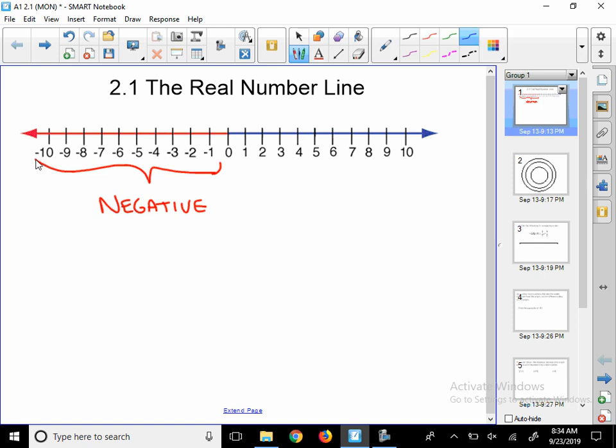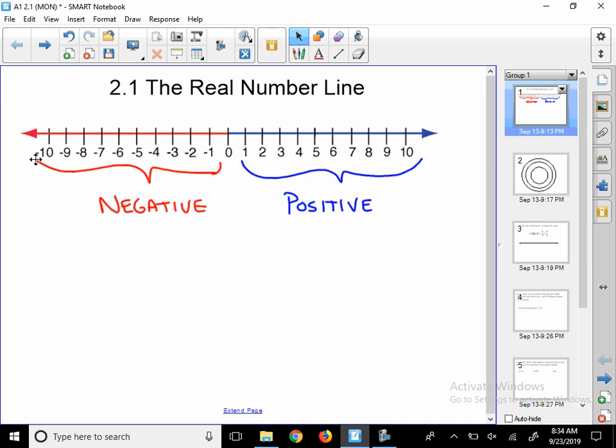And on the right of 0, going on forever and ever, these are what we call positive numbers. Hopefully you have seen that before, nothing new there. And 0 is neither positive nor negative, it is just neutral, so it's not going to carry a sign.